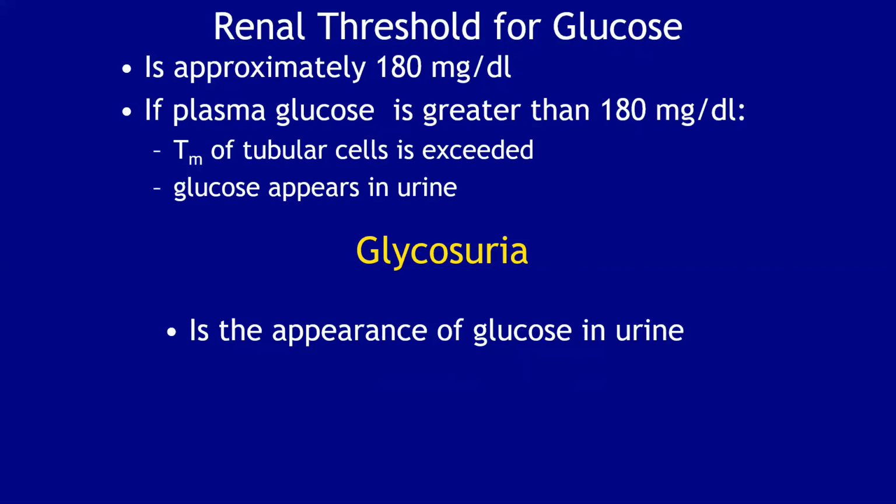But a person who has diabetes would have great difficulty managing those 3 cupcakes, right? So regardless of whether they're diabetic or not, you eat 3 cupcakes, you're going to have glucose show up in your urine, right? So you've exceeded the transport maximum, and this is called glycosuria, right? The appearance of glucose in urine.